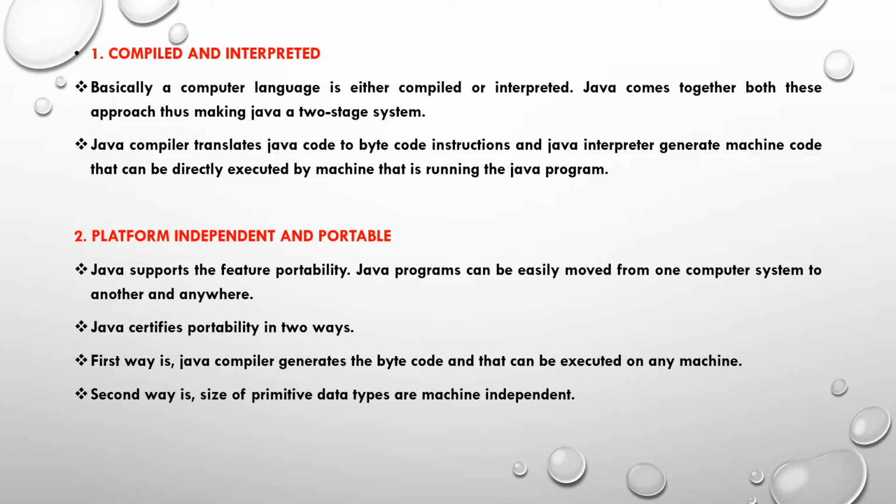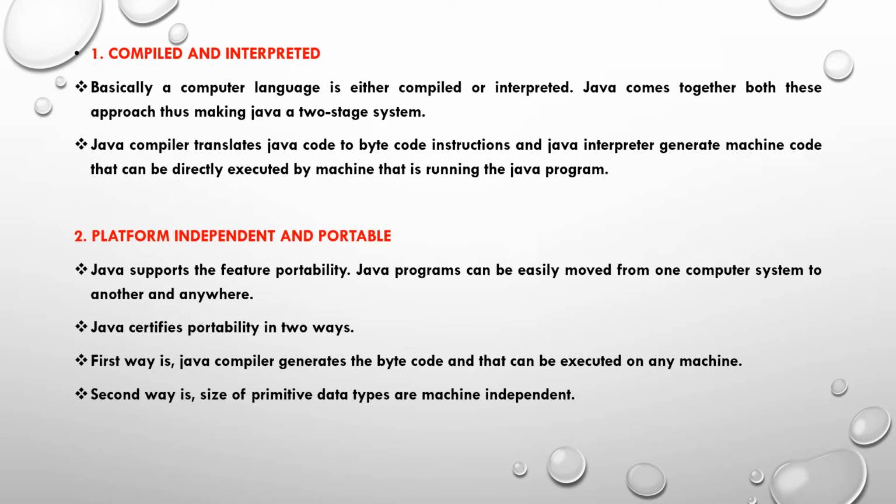The Java compiler translates the Java code into bytecode instructions, and the Java interpreter accepts the bytecode and translates it into machine code. This can be directly executed by the machine that is running the Java program. So Java has two approaches, compiled and also interpreted.